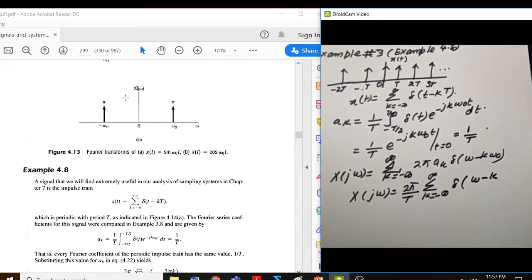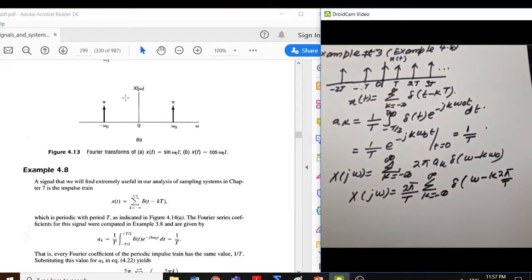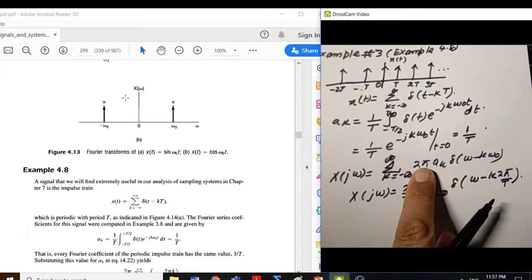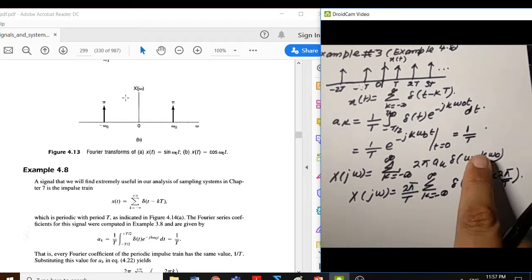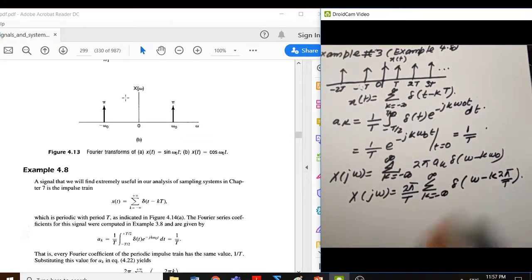What is omega naught? 2 pi by T. That's it. So this 2 pi comes from the formula, this T comes from the Fourier coefficients, and we have substituted the value for omega naught as 2 pi by T.